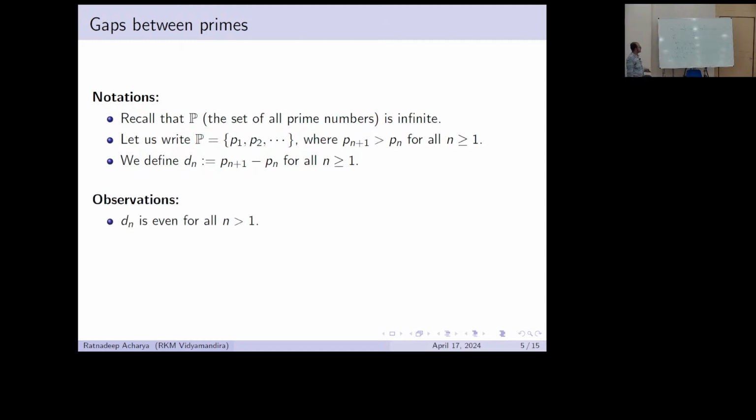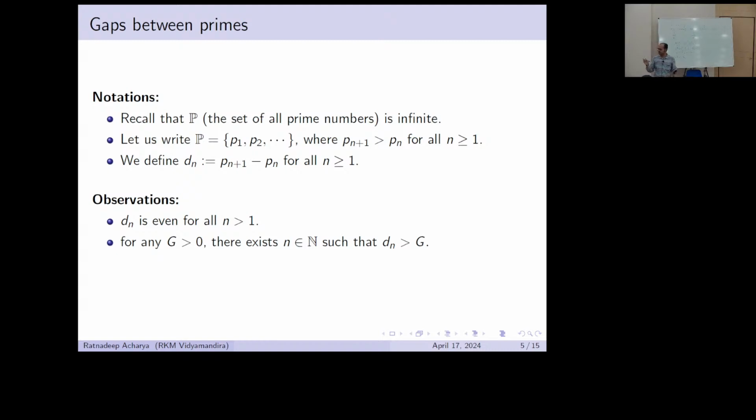Now first observe that d_n is even for all n greater than 1. Only d_1 is 1. So all other d_n's are even. And here is an elementary result. For any positive G, there exists a natural number n such that d_n is bigger than G. So in other words, there exist arbitrarily long chains of composite numbers.